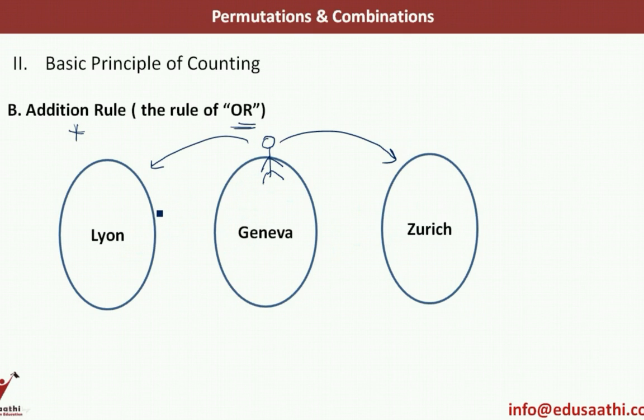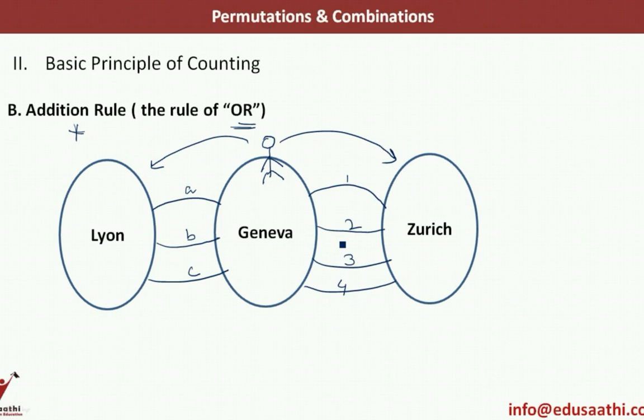Now let's assume the same case. I had three ways of going from Lyon to Geneva. The three ways are A, B, and C, and I had four ways connecting Geneva and Zurich. So all these roads are two-way roads. Don't think that I can go only from Geneva to Zurich using these four roads.